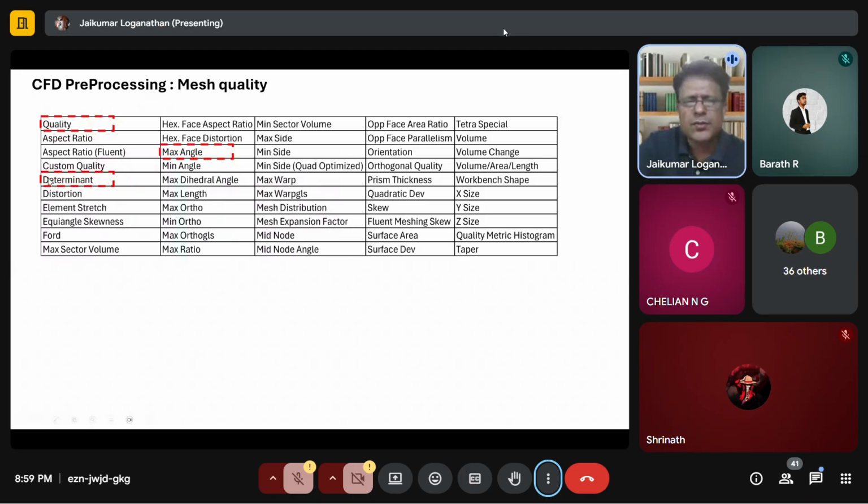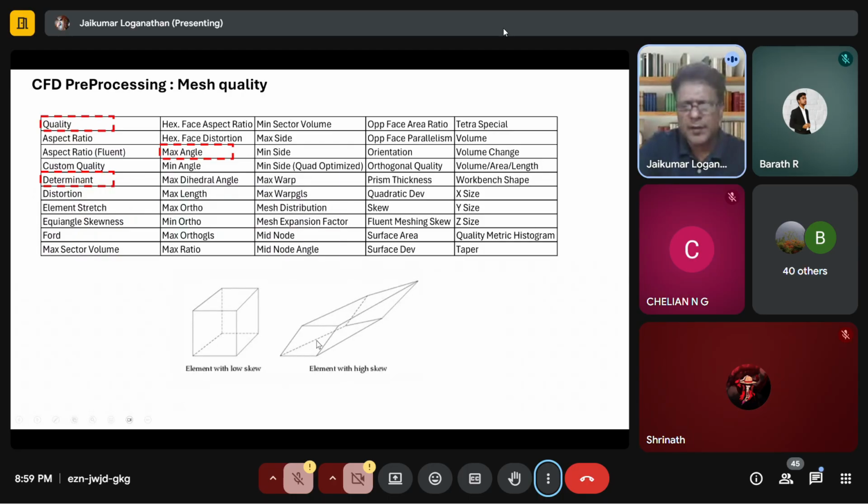So determinant tells you the orientation of the mesh element. Sometimes it looks like a triangle, but it may not be oriented correctly, right? The way you orient the nodes. So if you have a negative determinant, that means the mesh is not right. Similarly, we also look at sometimes the max angle, which is also reflected in quality, right?